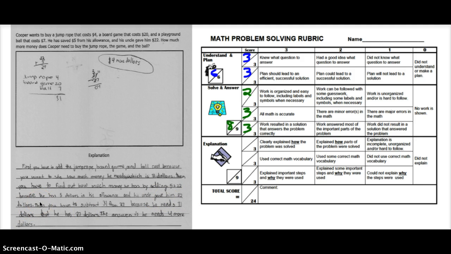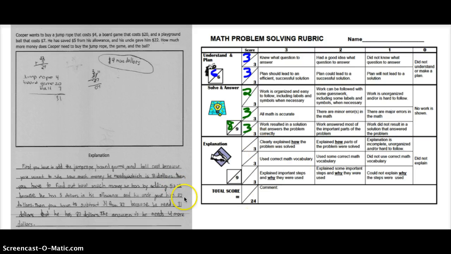So again, explaining why you're taking those steps is really important. Then you have to subtract 31 from 27 because he needs $31, but he has $27. The answer is he needs $4 more. So here, clearly in this explanation, the student explained the steps she took and why she took them.